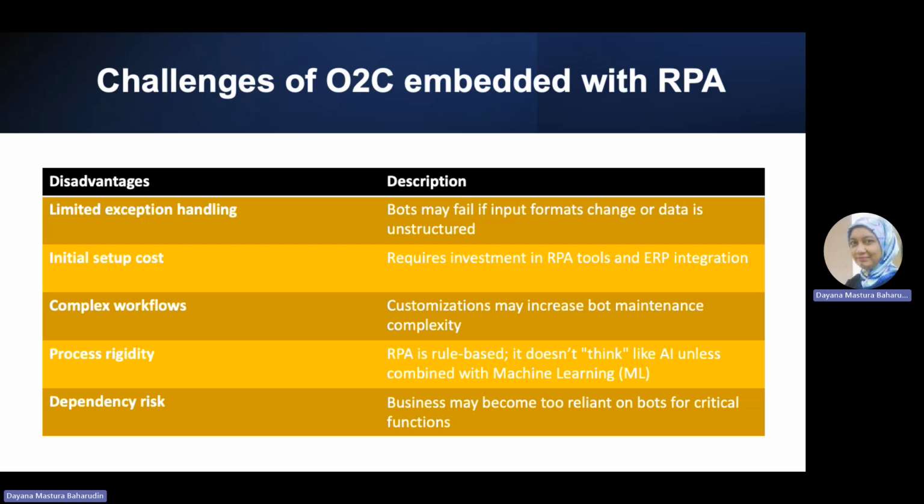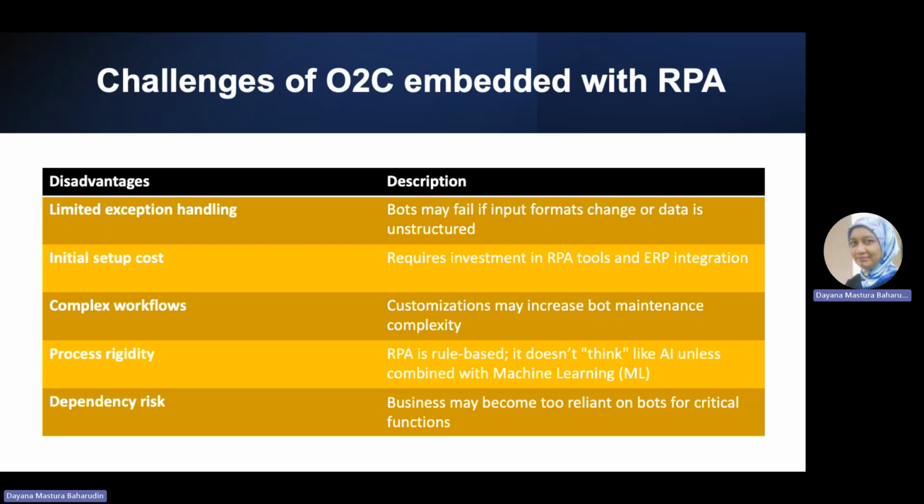Okay, initial setup costs. It's really costly to set up RPA, but in the long run it is going to be worth it. Next will be complex workflows. Customizations may increase bot maintenance complexity. Process rigidity: it is so rigid, because you are programming the robot to do so.